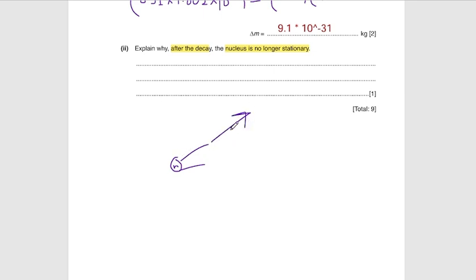But if this keeps traveling in this direction, I have to make sure that momentum is conserved. So I have to make sure that the nucleus moves in the opposite direction to ensure that no new momentum is invented and that momentum remains conserved. So I can say that momentum is conserved, so the nucleus must have momentum in the opposite direction to the photon.